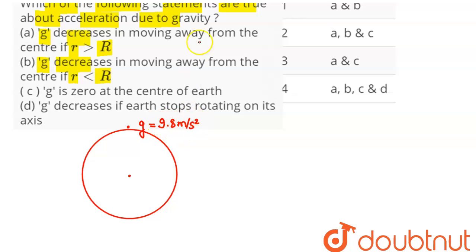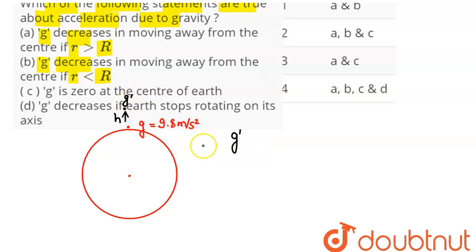Now if we move, for the first part r greater than R, suppose at some height h which is very less than our radius of the earth, so at this point we have the acceleration due to gravity g dash.